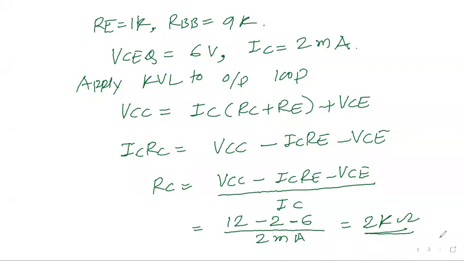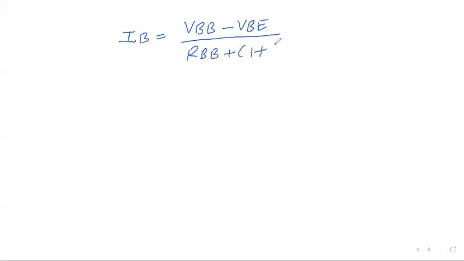Because if you remember this equation, base current IB is equal to VBB minus VBE, divided by RBB plus 1 plus beta times RE. Now, do you have the equation of VBB?